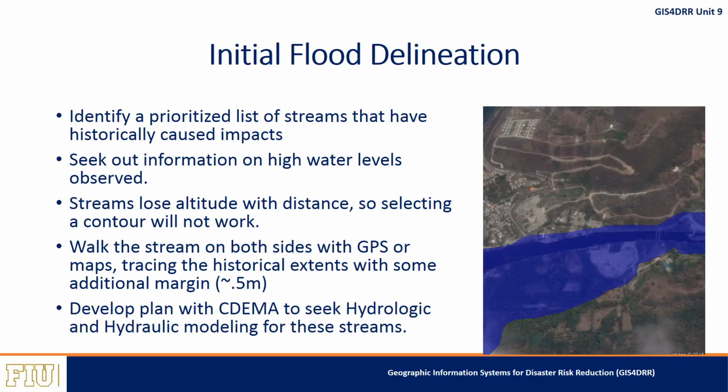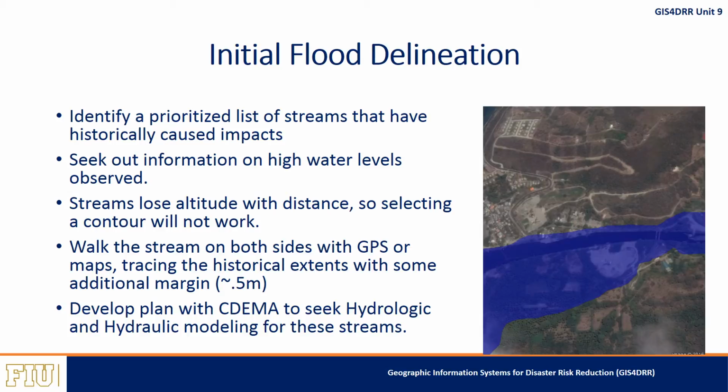You can put in those points and then walk the stream on both sides and just try to envision where the magnitude of water would extend given the changing nature of the river valley as you go. So where it gets tight, it would go higher. Where it gets wide, it would go lower.